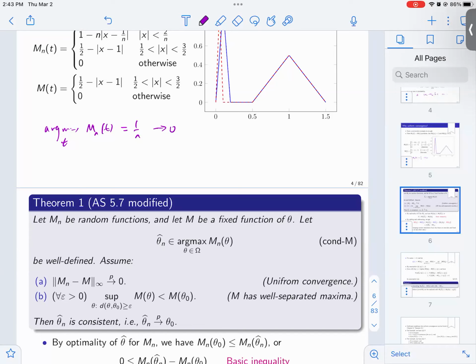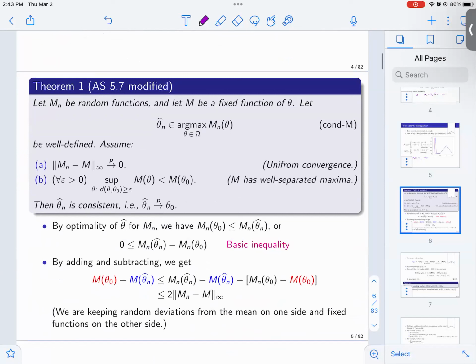So if we assume uniform convergence, I'll talk a little bit about what we need, but upgrading the pointwise convergence to uniform convergence requires some technical tools. But let's assume that we have this uniform convergence.